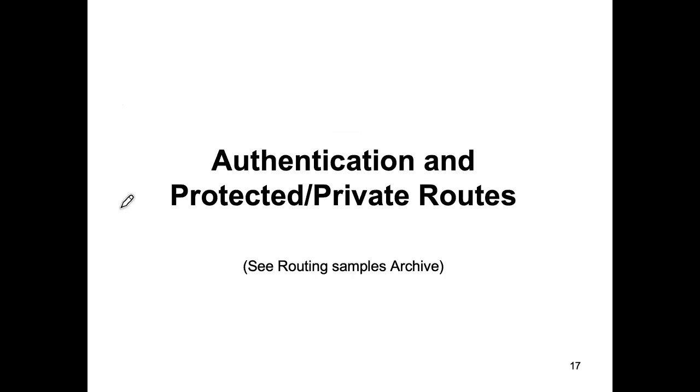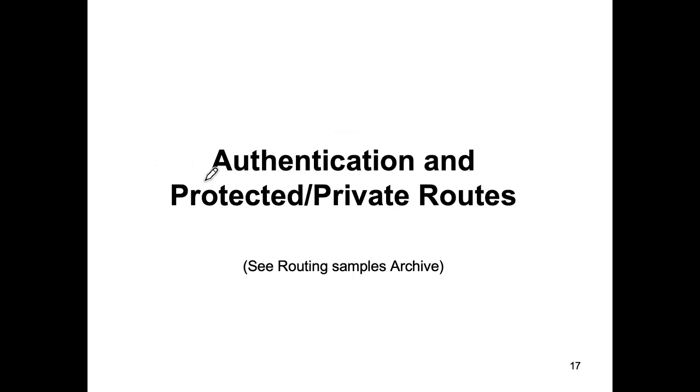Now, the last thing I want to talk about is just a use case, really. It's a use case for the actual provider pattern, so it fits in nicely in this sequence. The other aspect to this last topic is how do we implement what I'm calling protected or private routes within our React app.